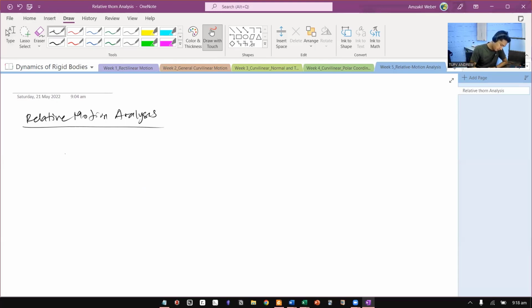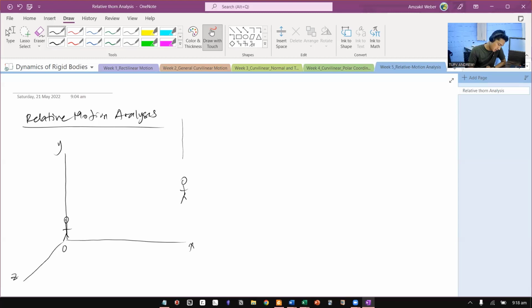So for example, this is our fixed reference frame. This is the X, this is the Y, and this is the Z, because this is the origin, and you are at the origin for convenience. Now, there's someone that is moving, okay?